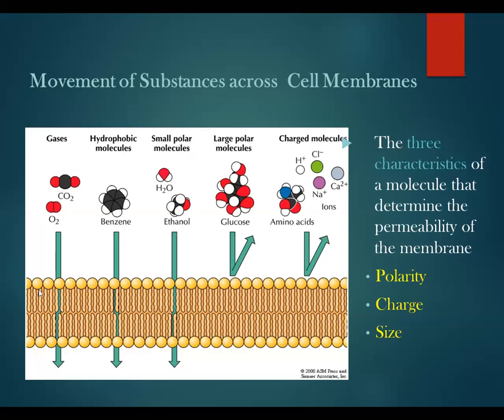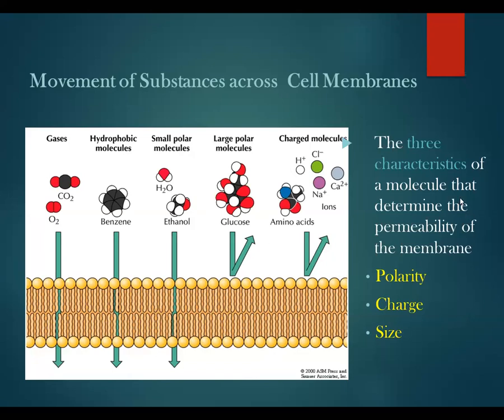With respect to the unit membrane theory or the lipid bilayer theory, whatever we just studied, according to that theory, the first three molecules don't have any issues passing through the plasma membrane, but the next two have the problem.